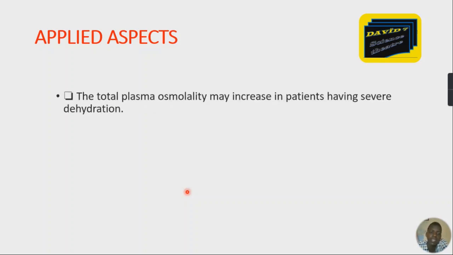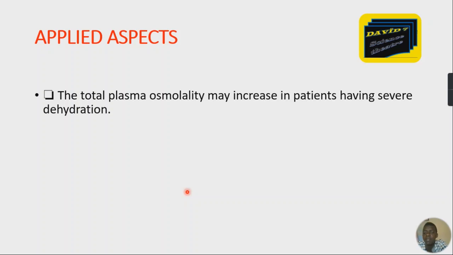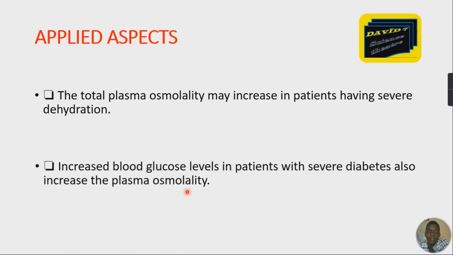So let's talk about the applied aspects. There are a couple of them. For example, the total plasma osmolarity may increase in patients having severe dehydration. Patients who have severe dehydration, you find that their total plasma osmolarity is higher than 290. And if there are increased blood glucose levels, for example in patients with diabetes, the plasma osmolarity will also increase above 290.